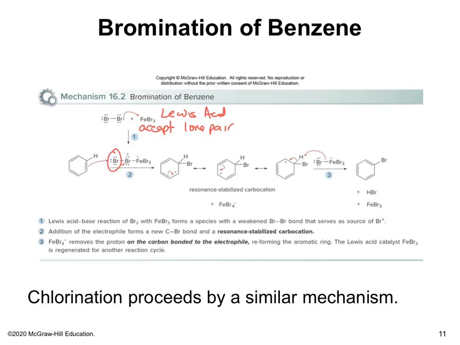This releases a very positive electrophile, and it's that electrophile that's been activated that can now be reacted to overcome the high activation energy to give you your sigma complex. And then you have the re-aromatization. You can see that here we deprotonate that, and the re-aromatization gives you your product. Chlorination proceeds in a similar mechanism.